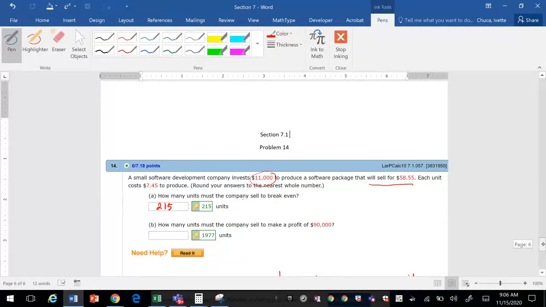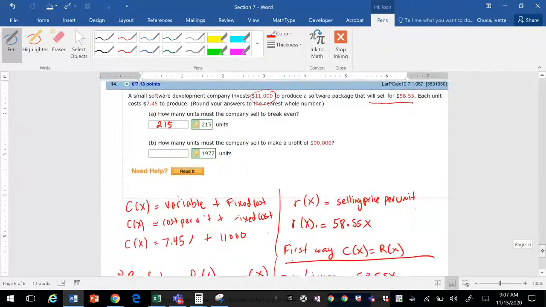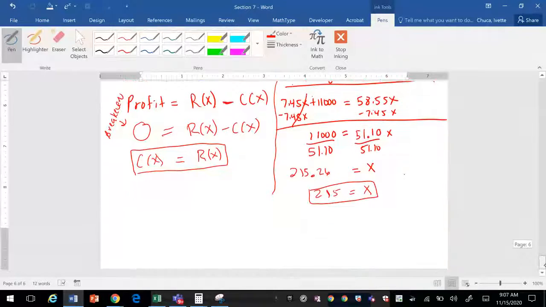Then it asks how many units to sell to make a profit of 90,000. I can use this equation here. This is part 2, or part B. We know the profit, which I'm going to call P of x, is equal to R of x minus C of x.